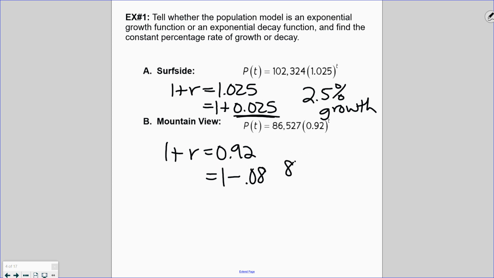So you're going to have 8%, and it's decay. So that's your decay factor. If it's less than 1, like 0.92, it's like saying every year we're multiplying by 0.92. Since it's a number between 0 and 1, it's going to get smaller. You're taking 92% of the population from the year before, so there will be less.